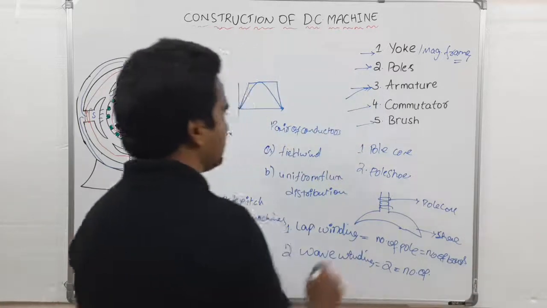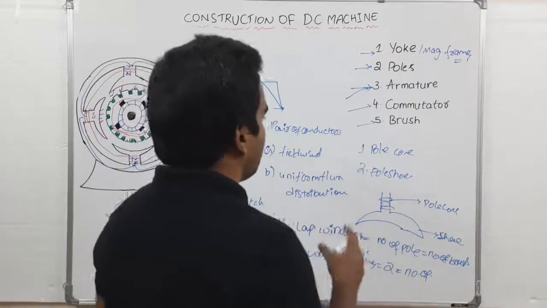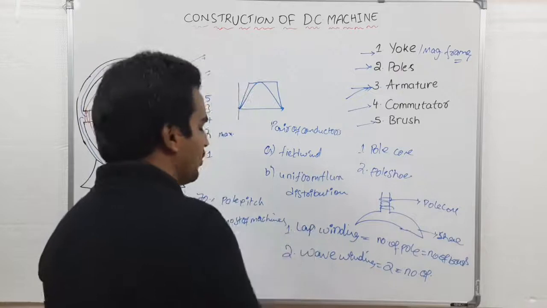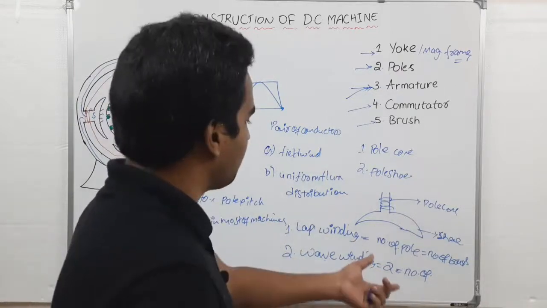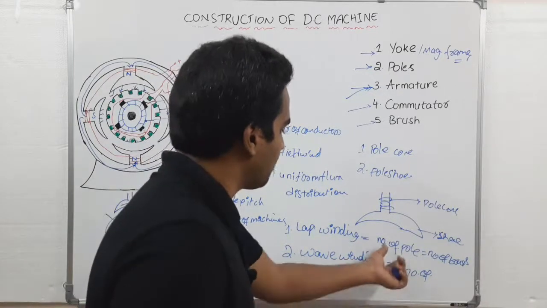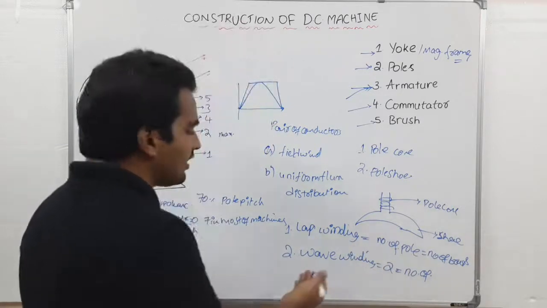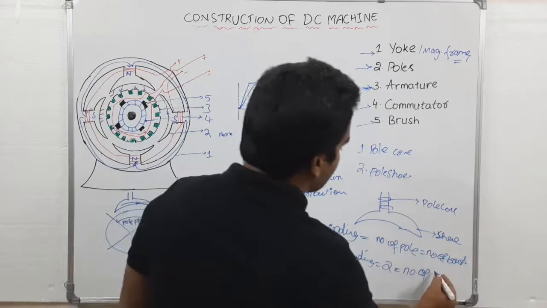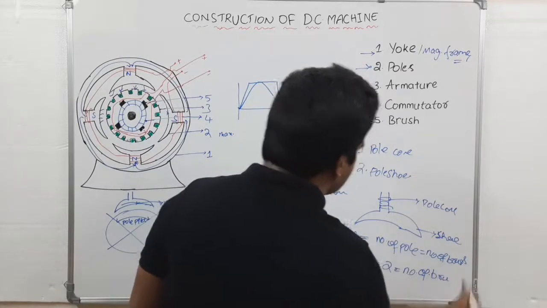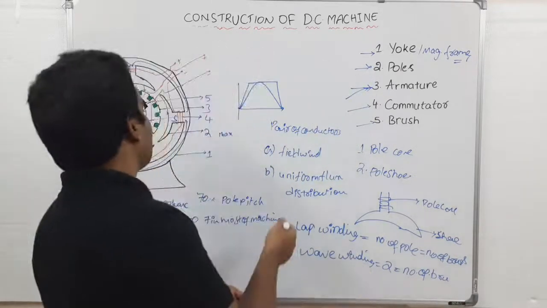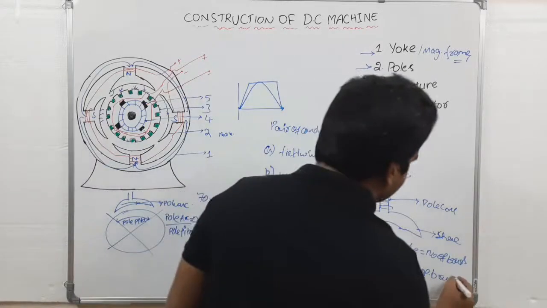The number of brushes depends on the type of armature winding. If it is lap winding, the number of brushes is equal to the number of poles, which is equal to the number of parallel paths, obviously. If it is wave winding, the number of brushes is equal to 2, which is also equal to the number of parallel paths in wave winding.